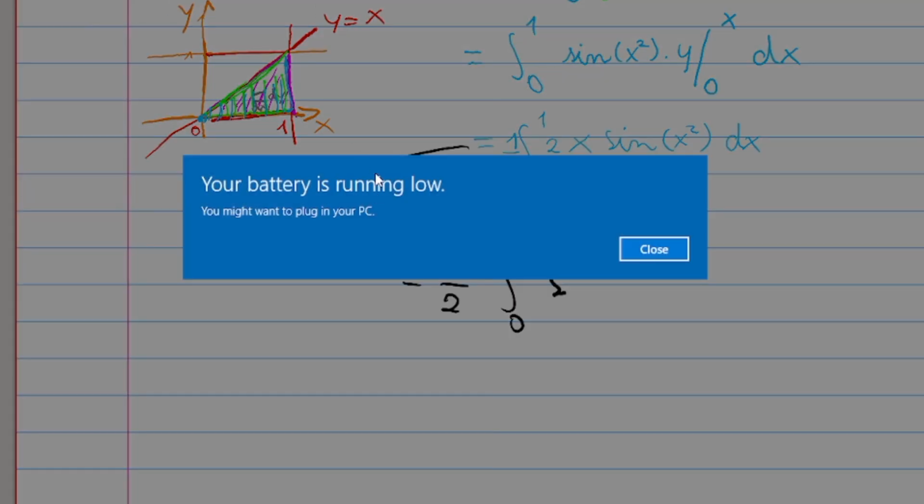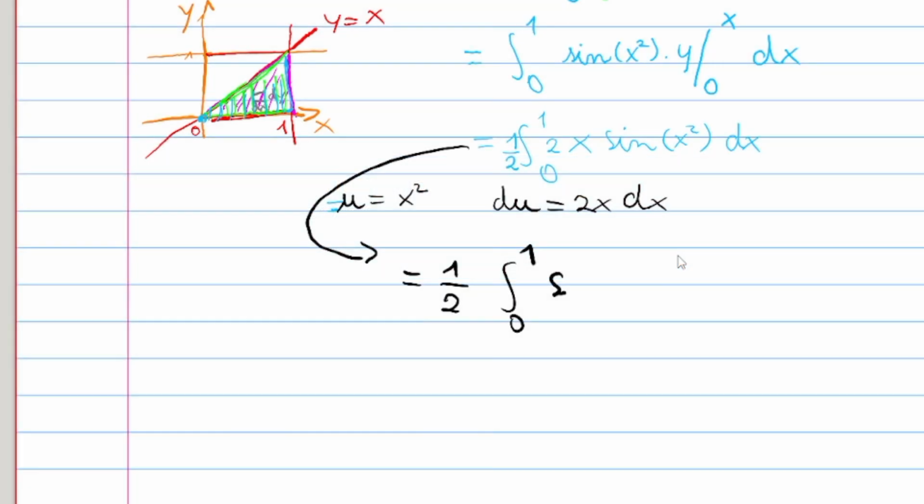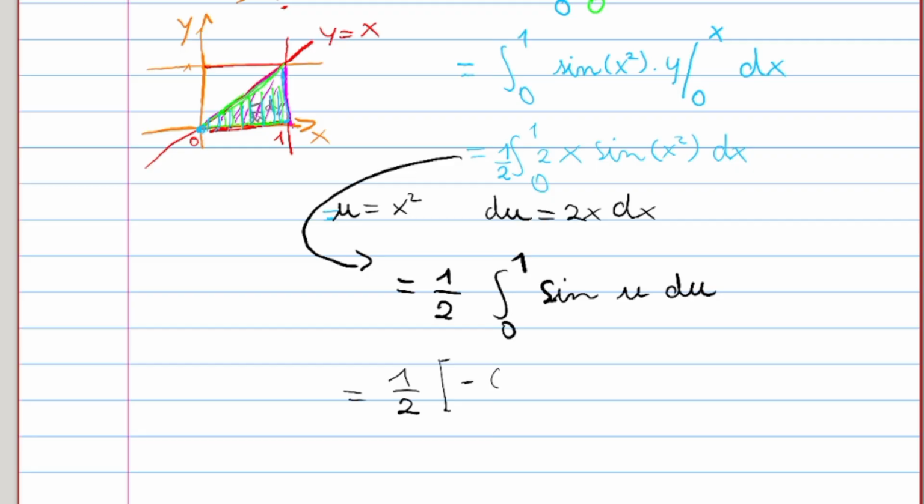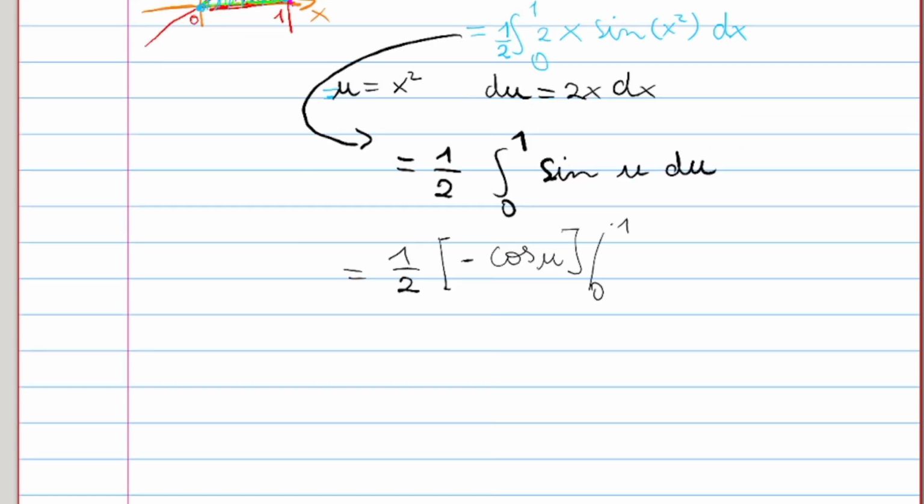Here we get sine of u du, and here we get 1 over 2. The integral of sine of u is minus cosine of u, with the integration limits from 0 to 1, right?